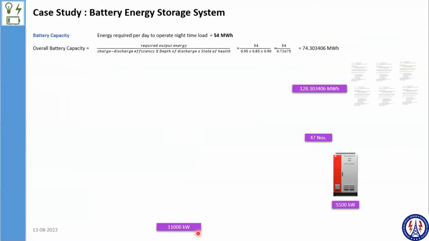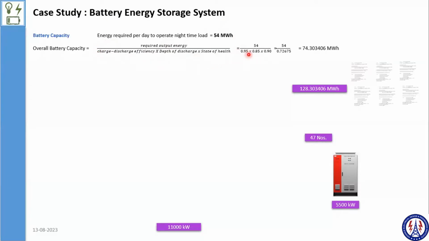Now, you wanted to power your factory in the night time with the energy of 54 megawatt hour, correct? This is the energy you need to draw out from the battery. Your overall battery capacity is equal to required output energy divided by charge discharge efficiency, depth of discharge, and state of health. You know this formula?